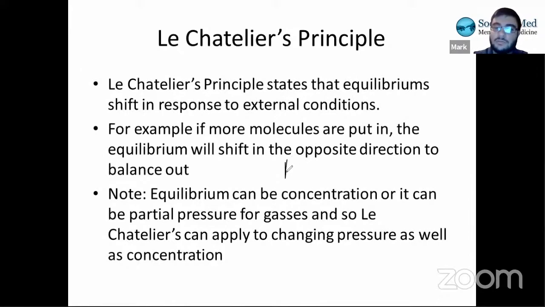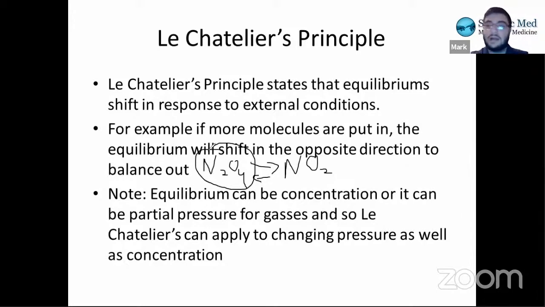Like I mentioned, you have NO2, and what was it, N2O4, right? If you're going this way, this is an equilibrium. If you add in more N2O4, you'll have more reactant. That'll break the equilibrium. It'll shift it to compensate.